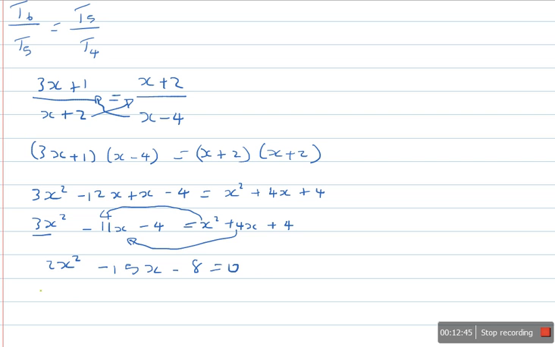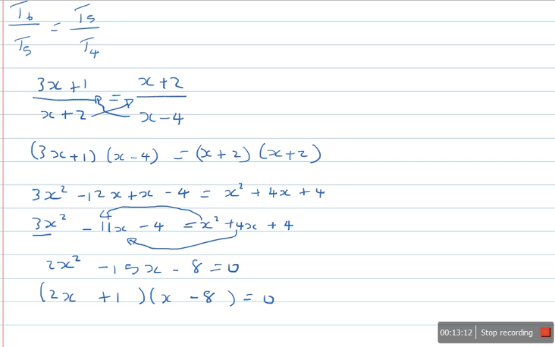Now we must factorize, so it's 2x open bracket x, and then the numbers from 15: minus 8 on this side, and on this side a positive 1, equal to 0.